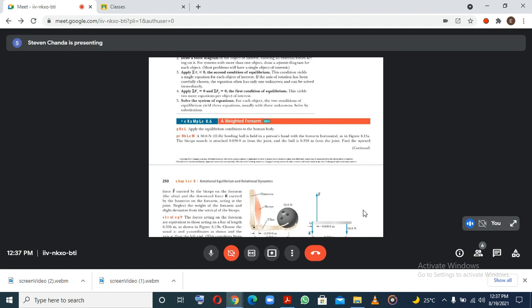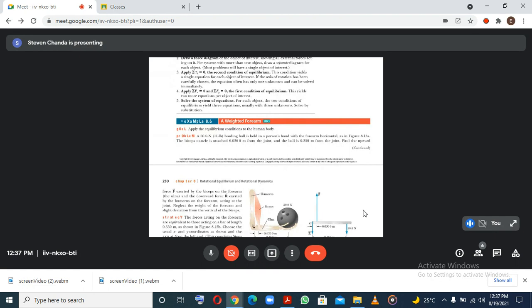Because you could say, wait, isn't it also helping to lift this one up? But of course, it's the muscle that is maintaining this forearm in this position, and so the humerus is almost putting on a downward force. So those are the two forces that we are going to be calculating.